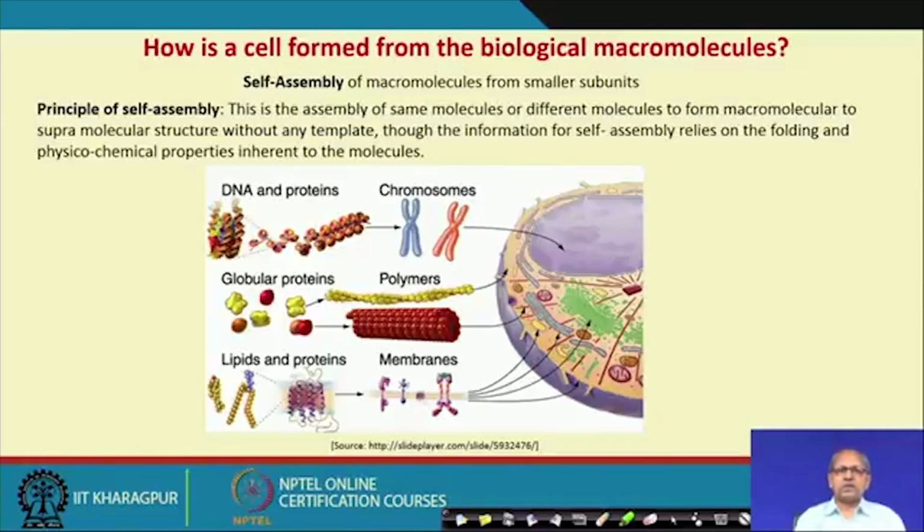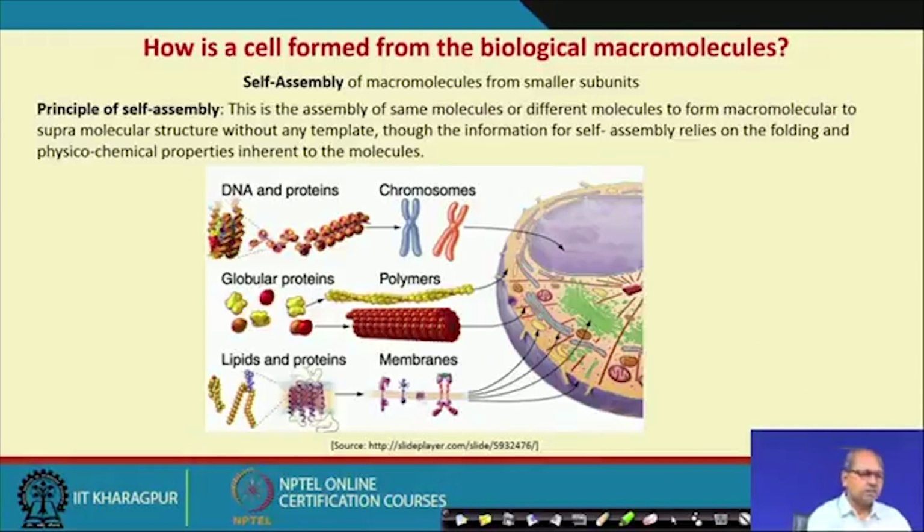Like a lock and key model, they bind each other by hydrophobic interaction, losing the water molecules tightly, and in that way they make macromolecular structures into supramolecular structures.